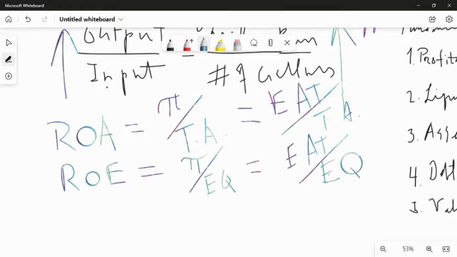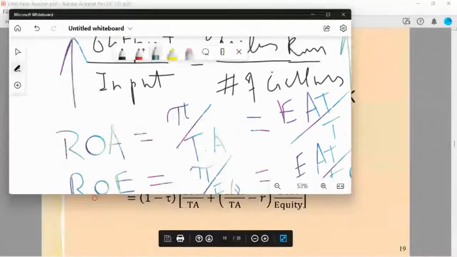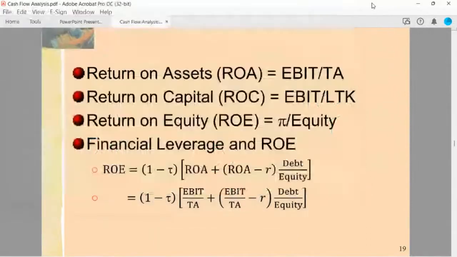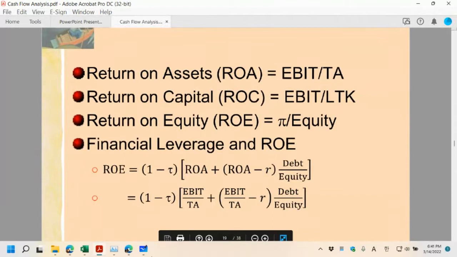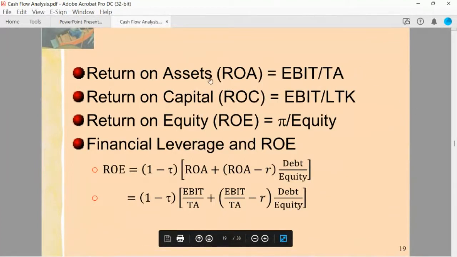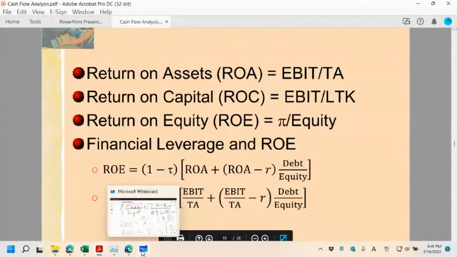But what was the formula here in the slide? You see, EBIT over total assets, right? Return on assets is EBIT over total assets. Why? Well, think about it.